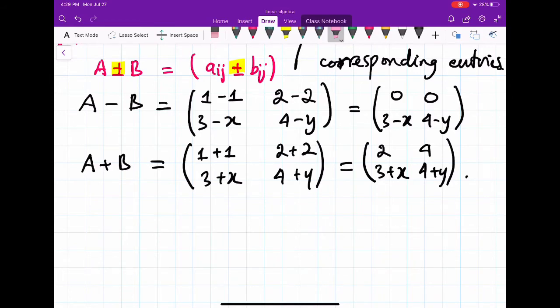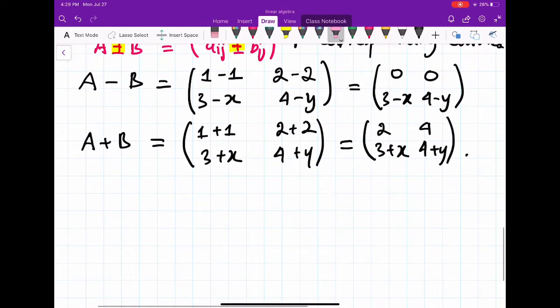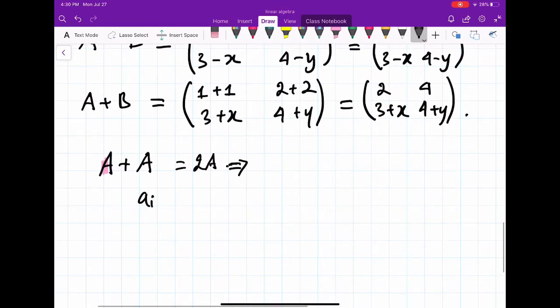So from here you might think about what happens if you just add a matrix A with itself. So that means you have 2A, right? So what does it mean, 2A? So basically, if you write it, you have the following one: Aij plus Aij, right?